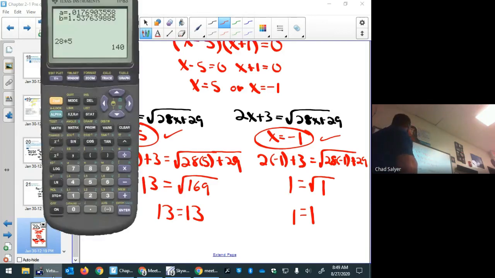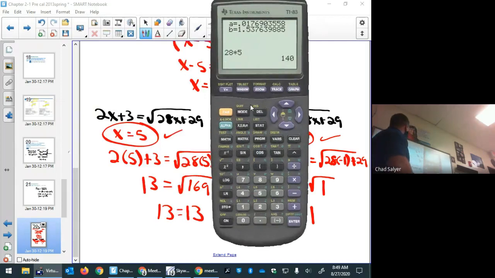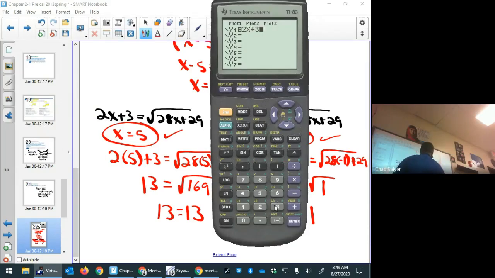Here's how it works. I take the left side of the expression and I plug it into y1. So that's 2x + 3. I take the right side of the equation and I plug that into y2. So that's the square root of 28x + 29.